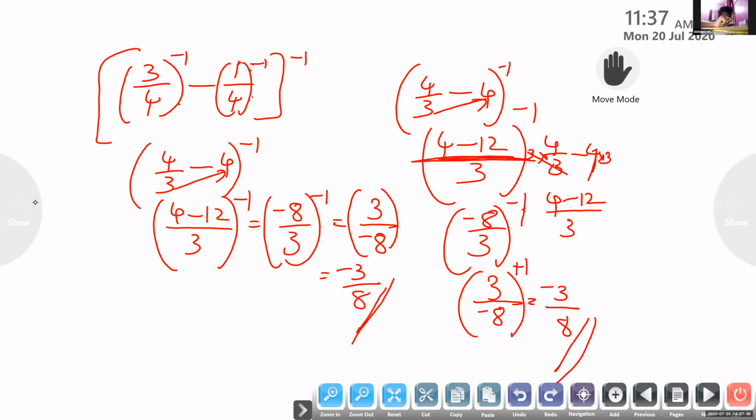Next, our new topic, a simple topic. Use of exponents in standard form. Write the heading: Use of exponents in standard form.